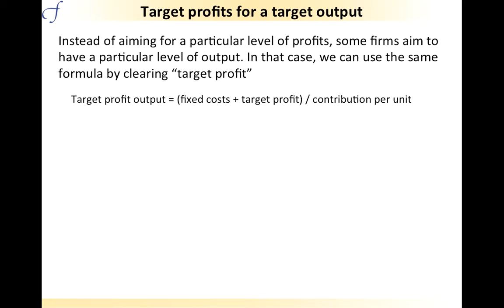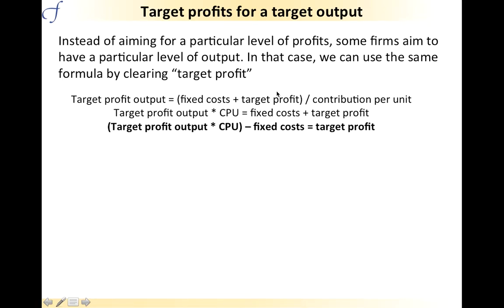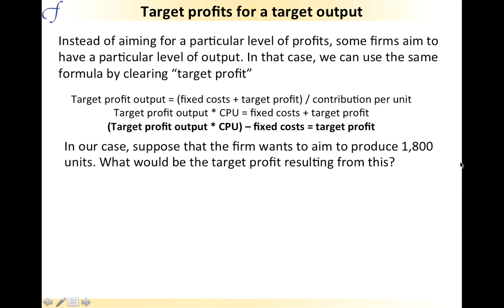This was our previous formula, and in here we have the target level of output, but now this is a known variable. What we don't know is this target profit, but we can clear this up and we can reach this last formula, which is that the target output times the contribution per unit minus fixed costs will be equal to the target profit.